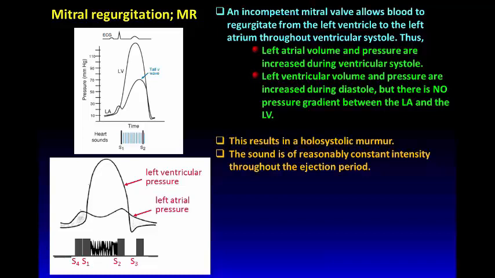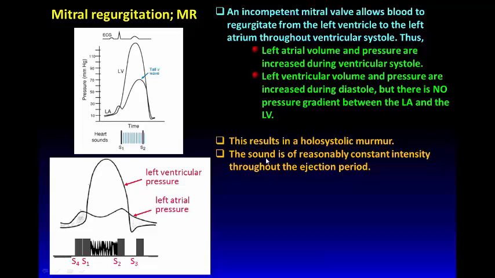The incompetent mitral valve and the retrograde flow of the blood from the left ventricle into the left atrium during ventricular systole results in a pansystolic, a holosystolic murmur, which is heard all the way through systole.